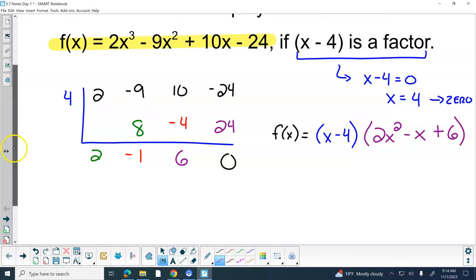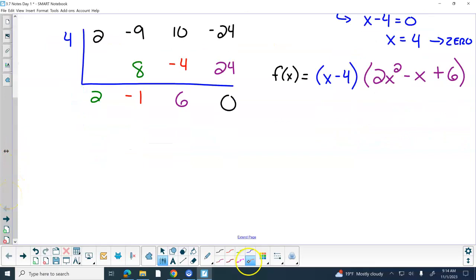Because now we can say that x minus 4 equals 0, so x equals 4. That's the one we already found. We can also say that 2x squared minus x plus 6 equals 0.